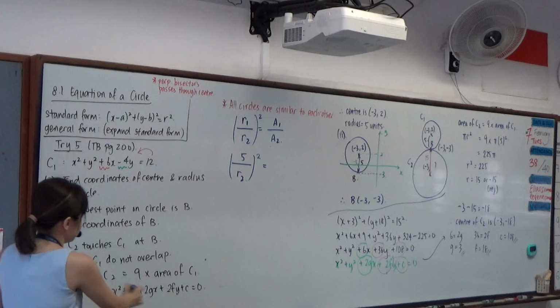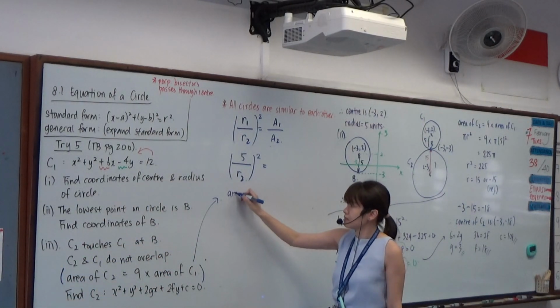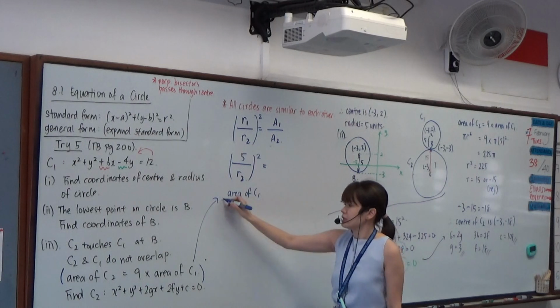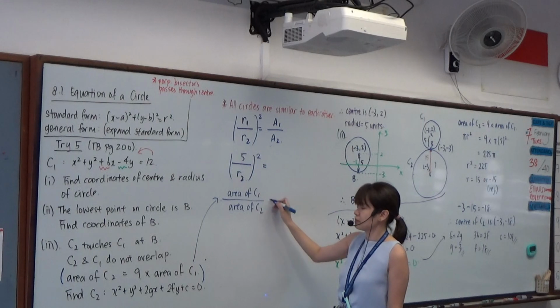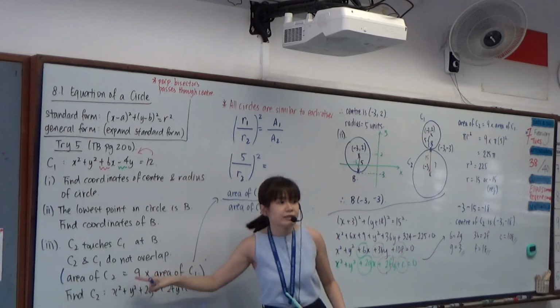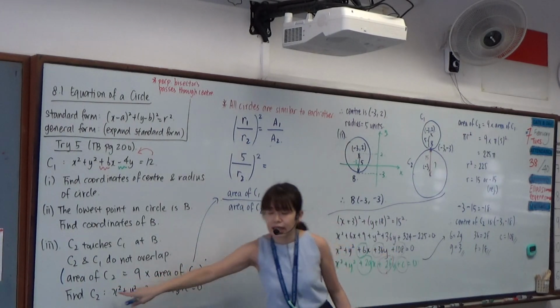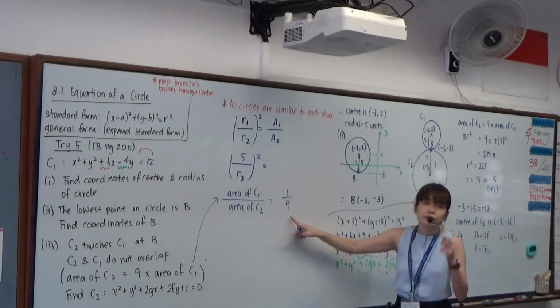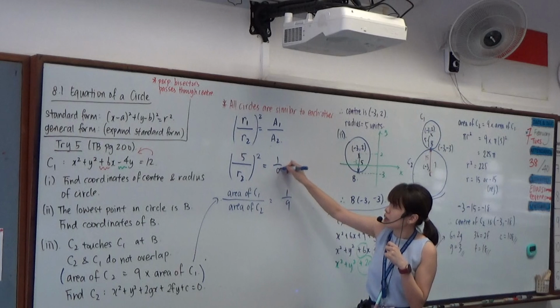We make use of this information here, which tells us the area of C1 divided by the area of C2 equals 1 over 9. Just manipulating things, I divide the area of C2 over, divide by 9 to the left hand side. So therefore, I will have 1 over 9 over here.